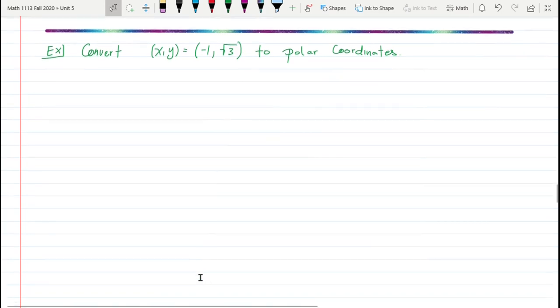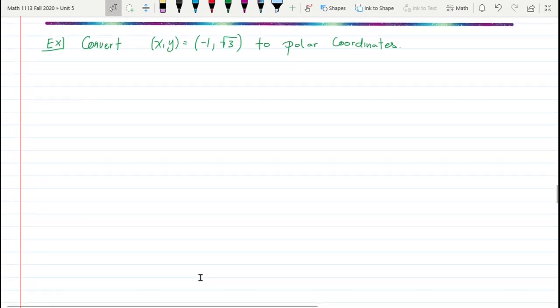Let's do an example, and we want to convert the point (negative 1, square root of 3) into polar coordinates. So what did we say the first thing to do was? To actually plot it.